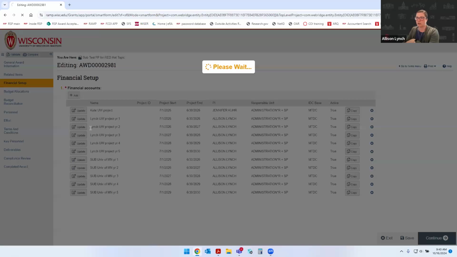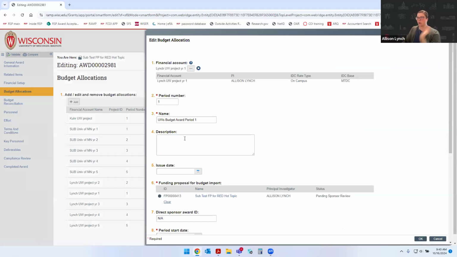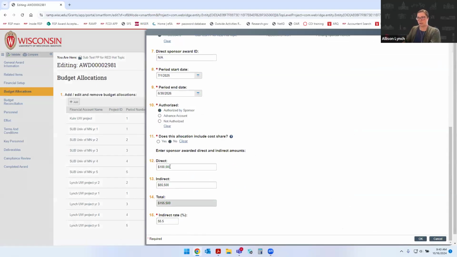The budget allocation page is where you're entering lump sum direct and indirect costs and the F&A rate. So on the UW project, I entered $100,000 in direct for UWPI number 1, 55.5 IDC, which automatically, well, I'm entering what it is, but then on the reconciliation page, this will automatically calculate, assuming you've reconciled into the correct cost categories.